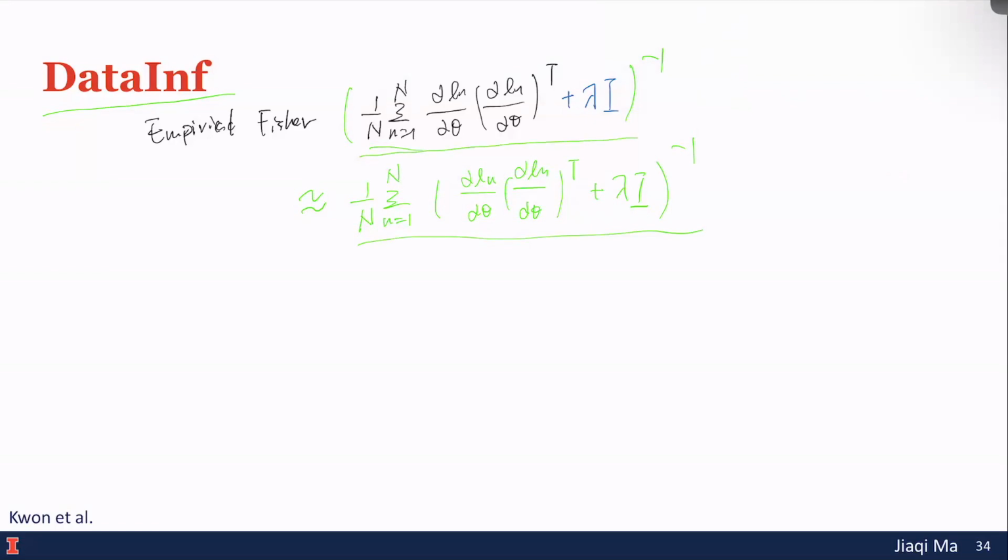And what's nice about this term is that this is a rank 1 matrix, and this whole thing plus this identity matrix can be simplified by the Sherman-Morrison formula.